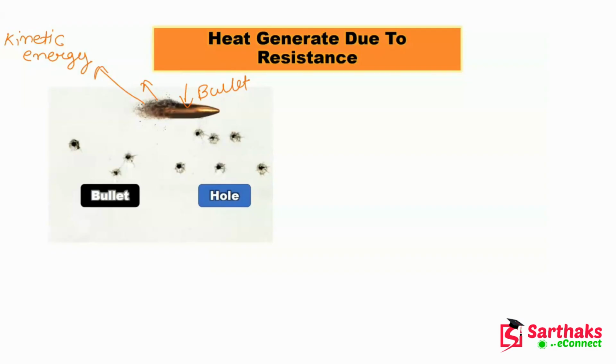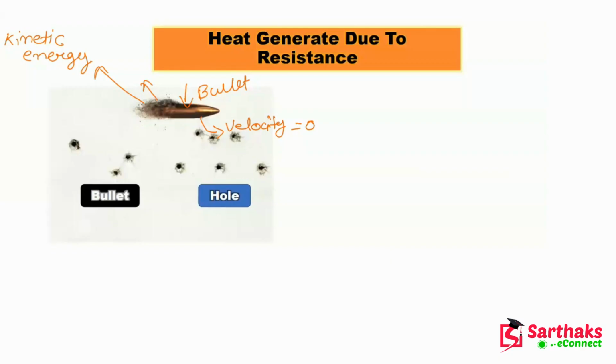Its velocity becomes 0. As soon as it strikes the wall, its velocity becomes 0. So the kinetic energy will also be 0, because the value of kinetic energy is half mv square. If there is no velocity, then kinetic energy will also be 0.